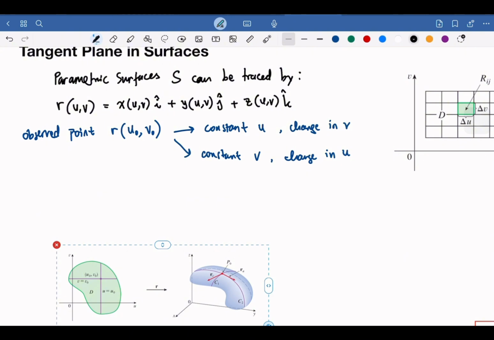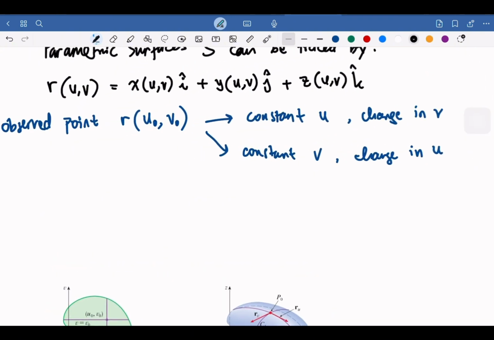Then we can write, suppose that we have R, and then we partially derive with respect to, let's say, phi. This becomes partial v, and then plug in the point, which is u0 phi0. That is the one that we want to observe.